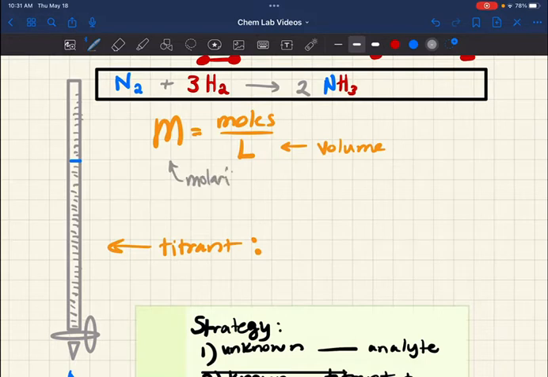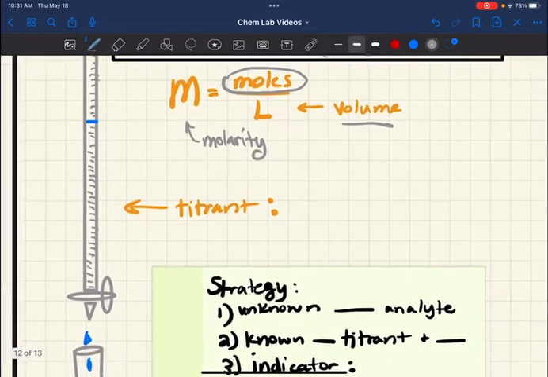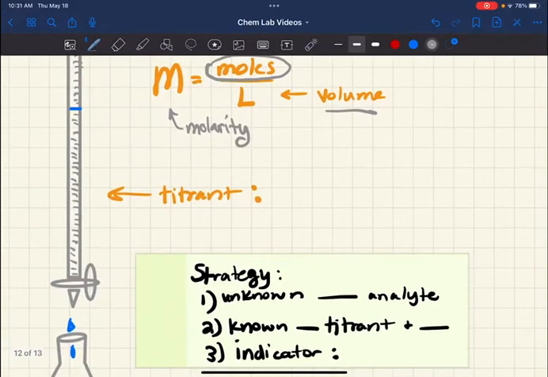So we're going to do most reactions in chemistry in a solution format. So the concentration is very important because the concentration we can use as a proxy to figure out the number of moles that were used in the reaction, and that's based on knowing the volume. All right, so that's kind of a little bit more background, but molarity is moles over liters. We should have hopefully covered that up to this point.